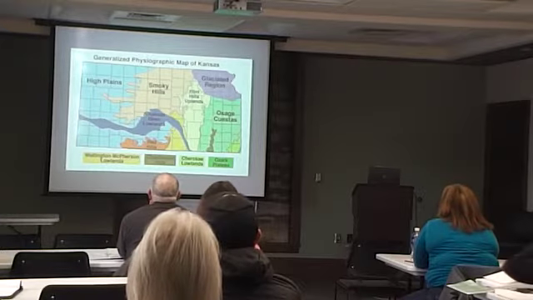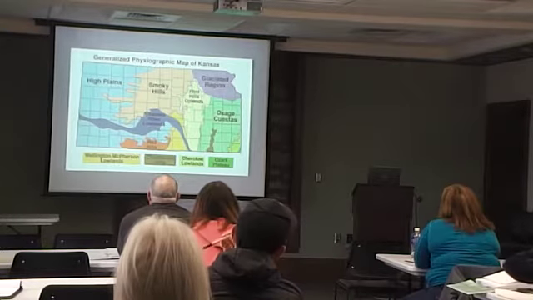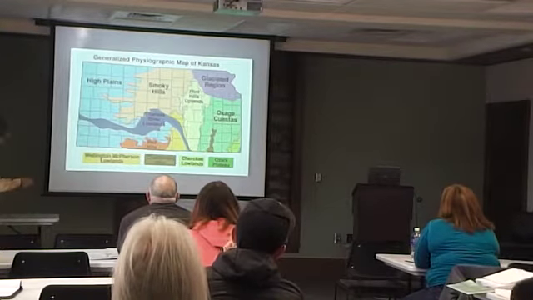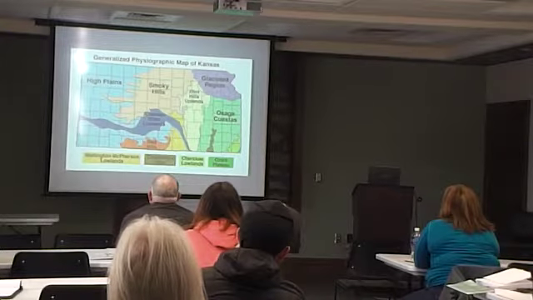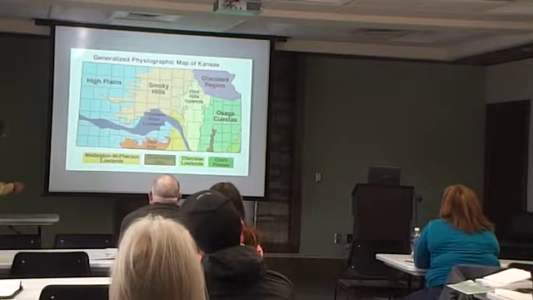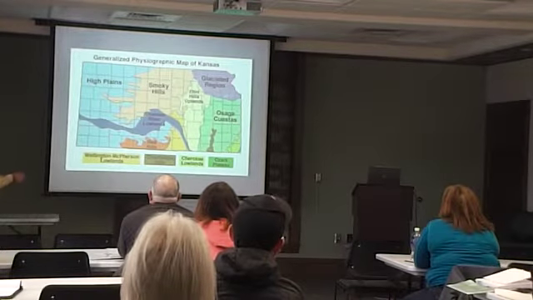So here are the physiographic provinces. And again, I'm not going to talk about this area here because it doesn't comprise that much of the state. So the Pennsylvanian rocks form this area, which are called the Osage cuestas. And we'll show you in a second what that means. So this is the Pennsylvanian age stuff. This is the Flint Hills.